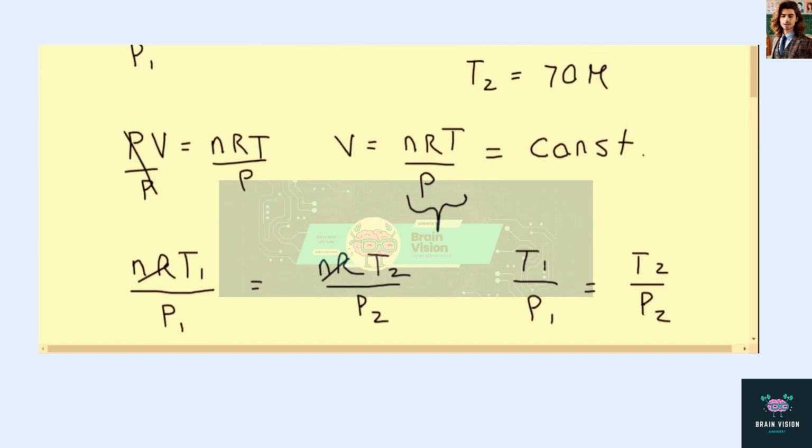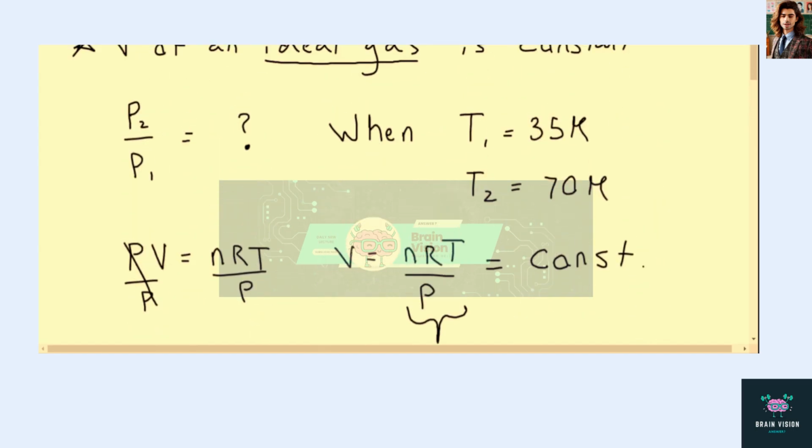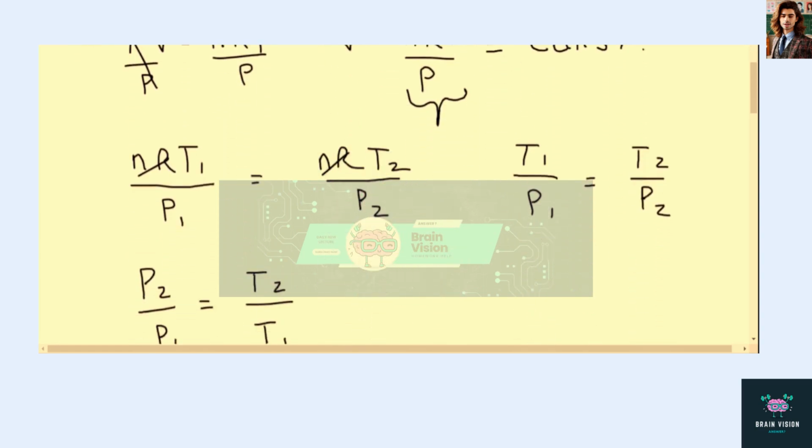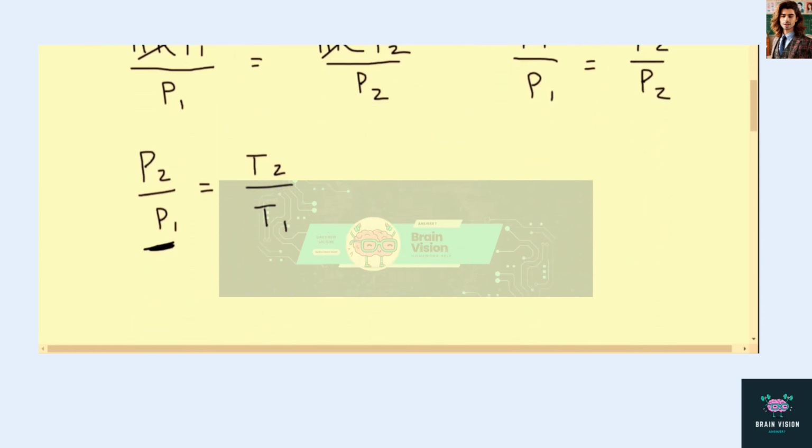So for this first one, we have 70 for the final temperature and 35 for the initial temperature. So if we plug those in, we'll have 70 over 35 Kelvin, which is just 2. So the ratio of the final pressure to the initial pressure for this first one is just 2.